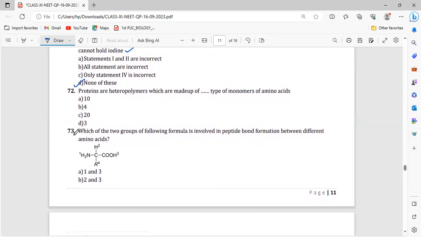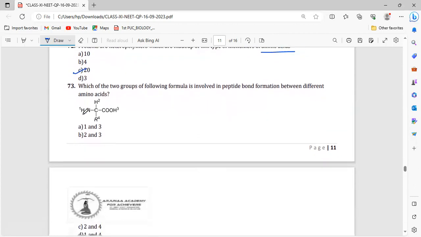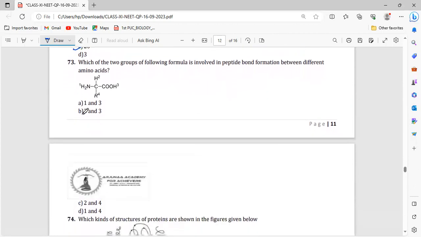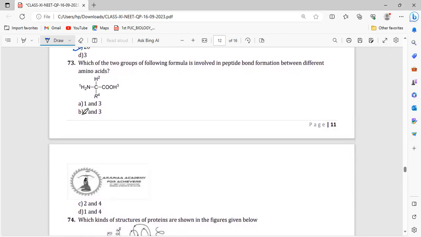Proteins are heteropolymers made up of dash types of monomers. If you take amino acids, totally 20 types of amino acids are present. Then 73. Which two groups of the following formula are involved in peptide bond formation between different amino acids? It is always the amine group and the carboxylic acid group, that is 1 and 3.